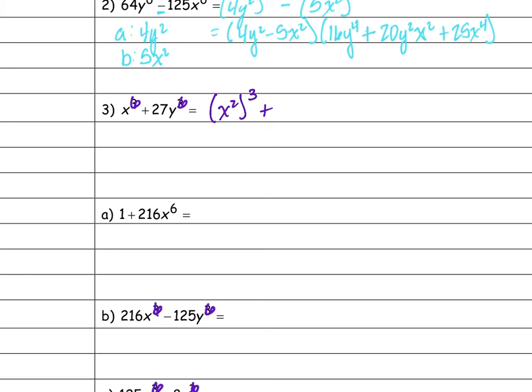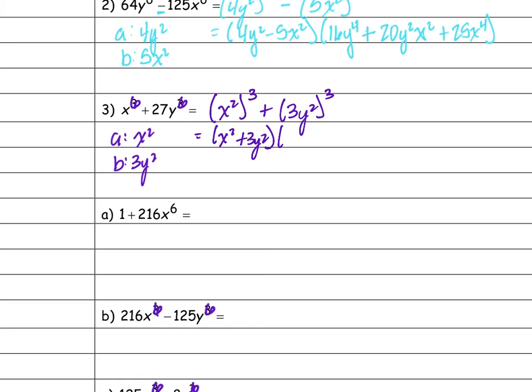Plus 27 is 3, 3y squared cubed. So that means A is going to be x squared, and B is going to be 3y squared. So it's a plus, right? So this is A plus B, x squared plus 3y squared.